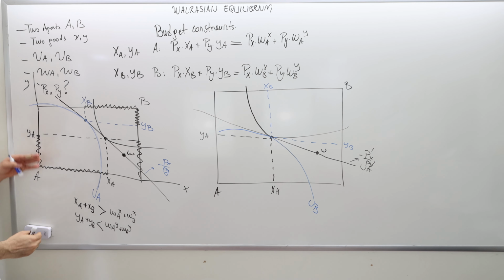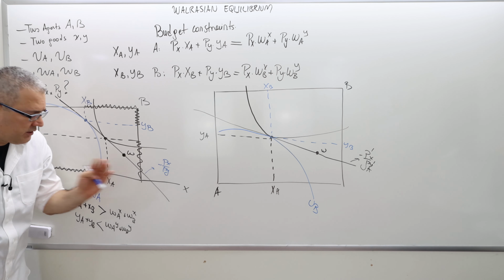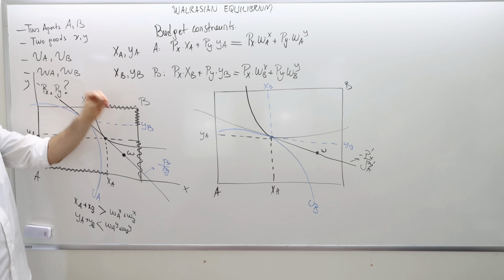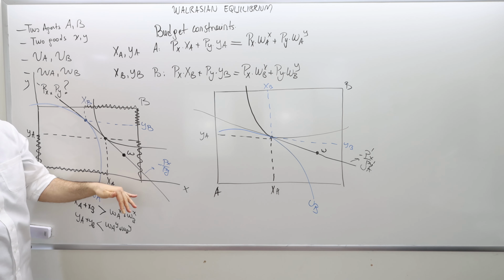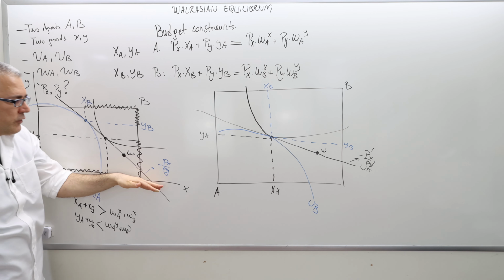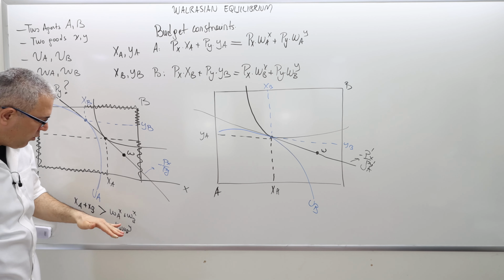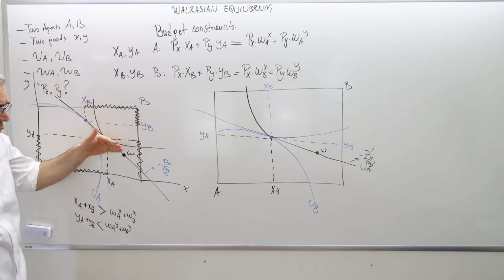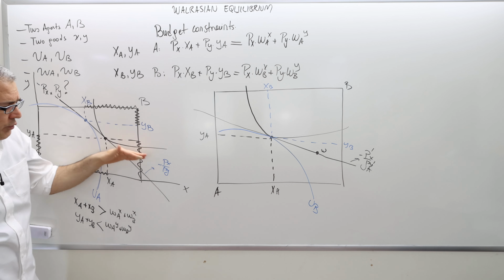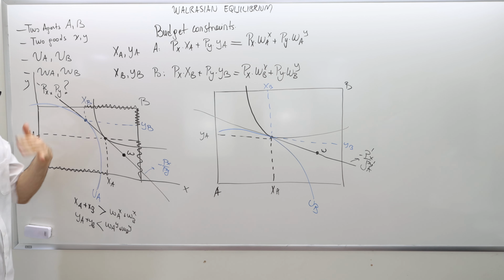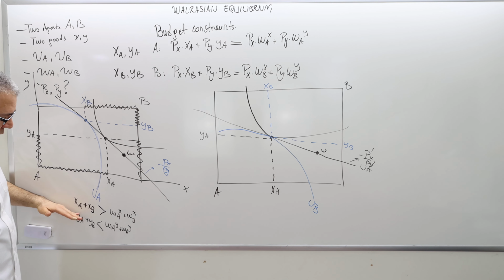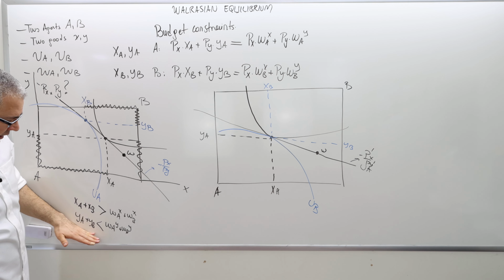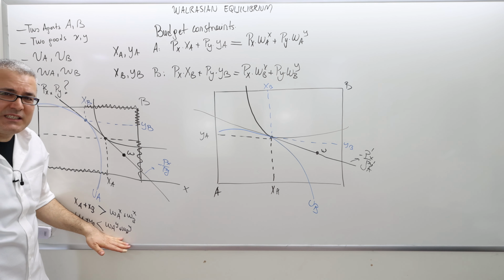In this case, if this is the price ratio, the price of good X is way too low relative to the price of good Y, such that there's an excess demand for good X, and for good Y, there's an excess supply.